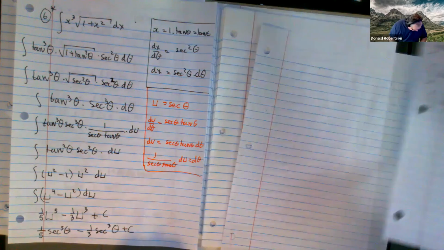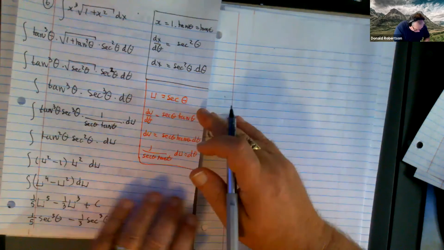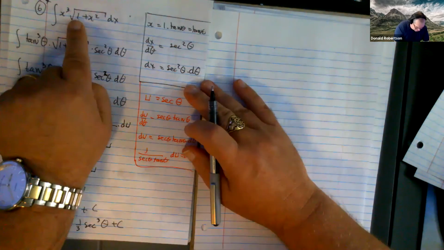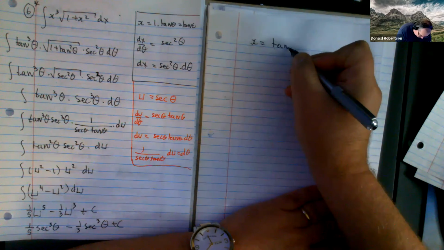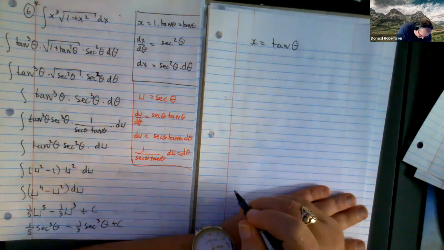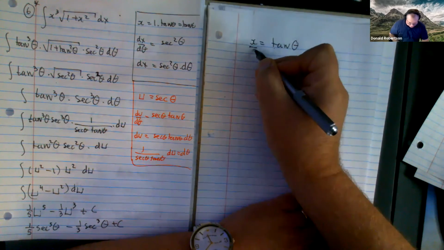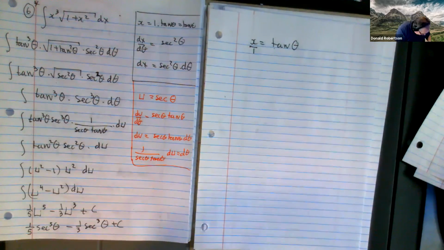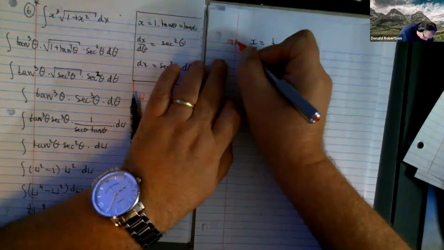So we got this horrible guy to deal with. We want to turn him into x's. So I'm going to go back to the beginning, the x sub, and I'm going to think of it as x over 1, which means that we have an opposite over an adjacent.